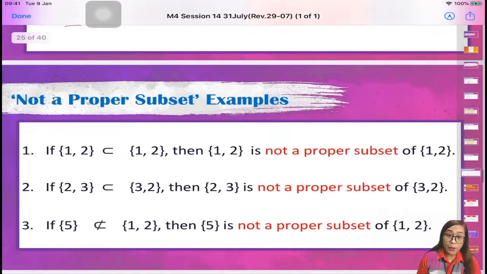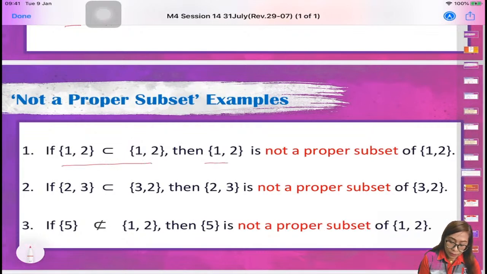How about not a proper subset? For example, number 1. If the set {1, 2} is a subset of the set {1, 2}, then the set {1, 2} is not a proper subset because this and this are equal to each other.